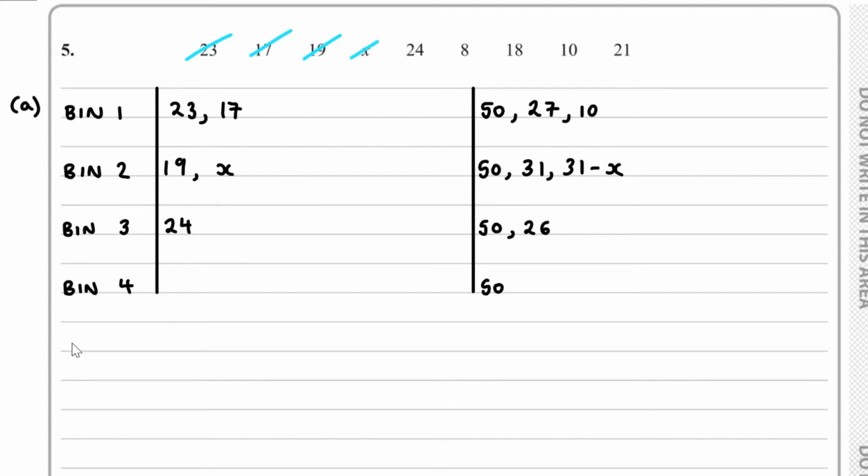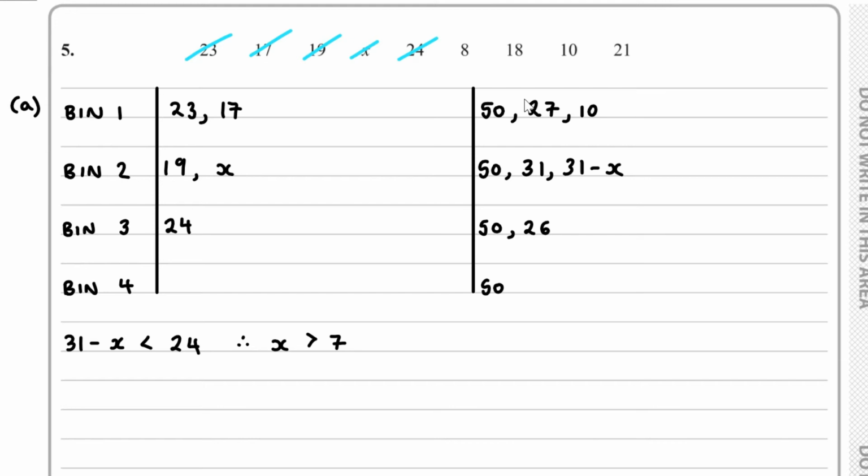So that tells us that 31 minus x is less than 24, because if this value 31 minus x was greater than 24, we could put 24 into bin 2, but we can't do that. So this will imply that x is greater than 7. Let's continue. So we've used up this 24.